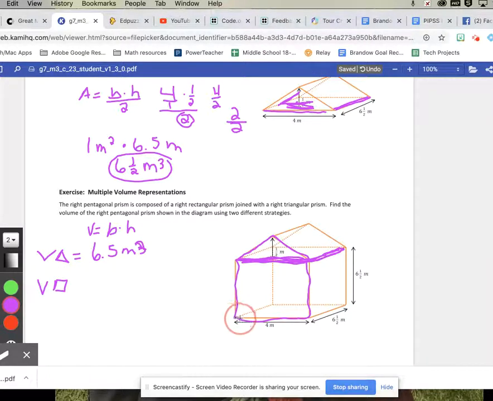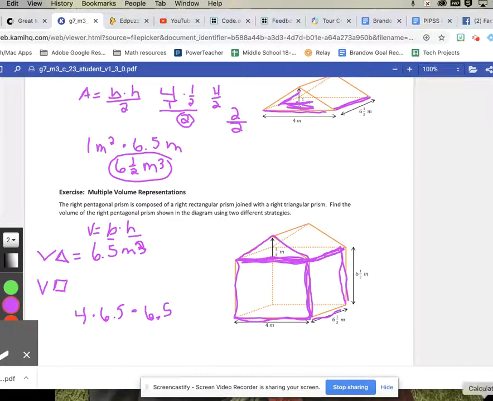So the area of this base would be 4 by 6.5. So I'd have to do 4 times 6.5. That's the area of the base times, and my height is also 6.5. So area of the base times the height.